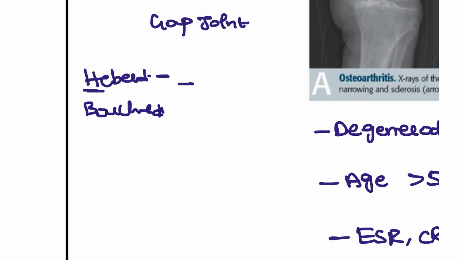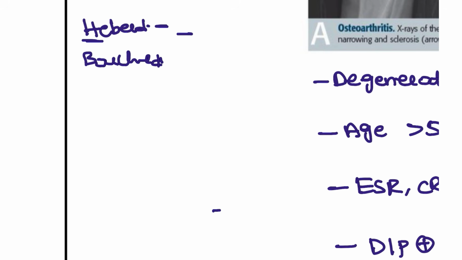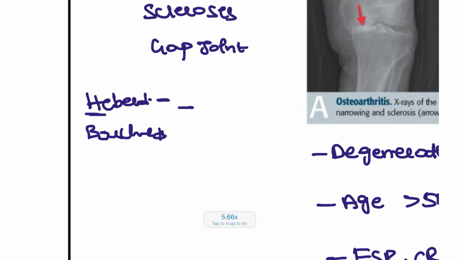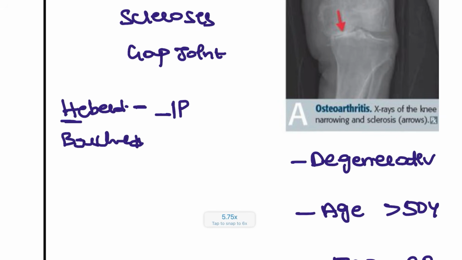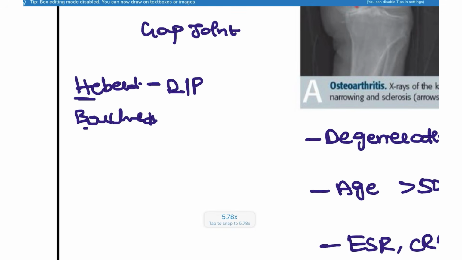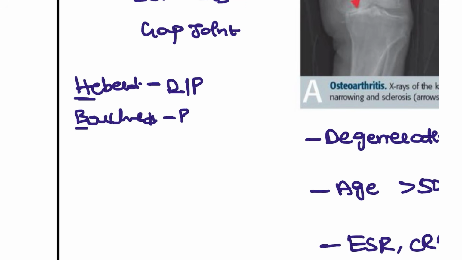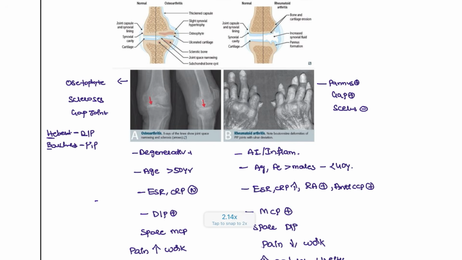Remember HD, involvement of the DIP joints. Next, B, Bouchard's nodes. This will be involvement of the PIP joints. Remember like BP. Sorry guys. Remember like BP. This is PIP joints. That is seen.